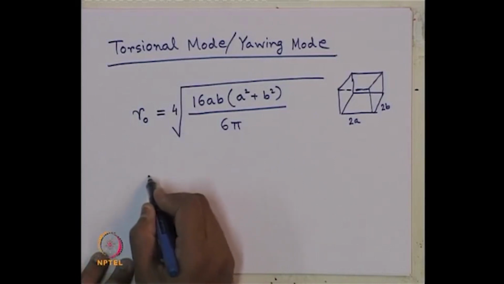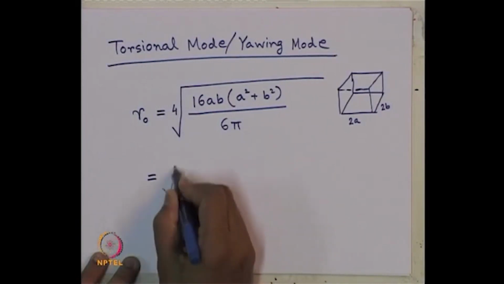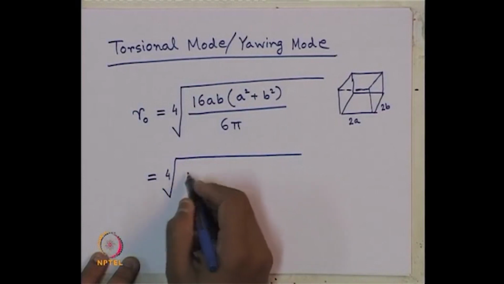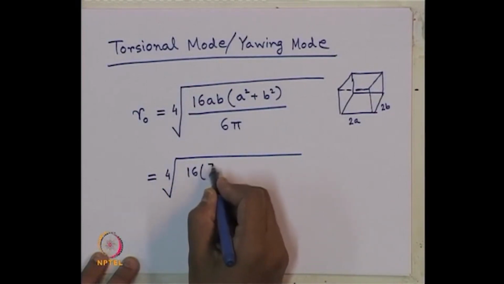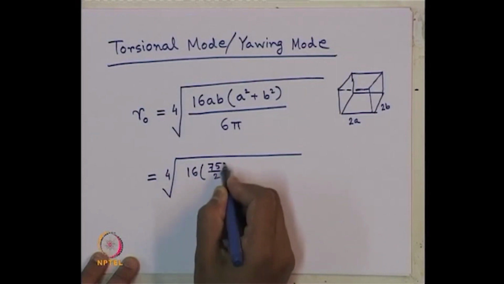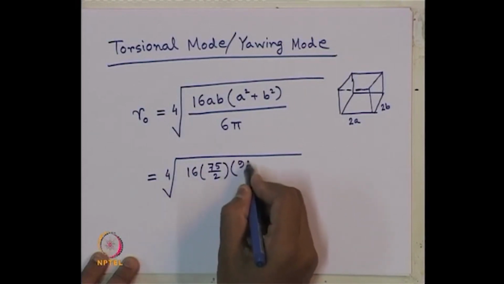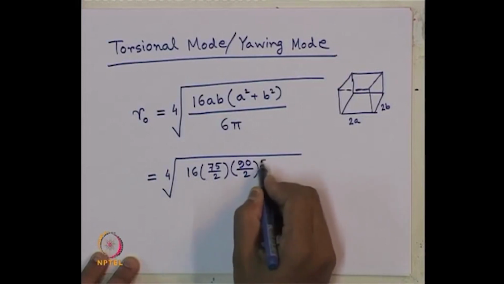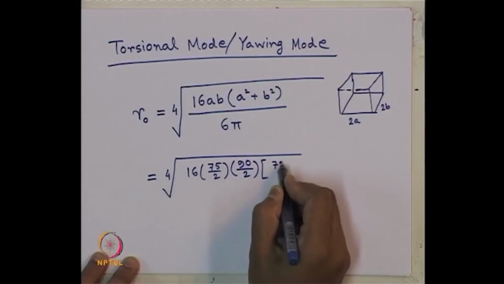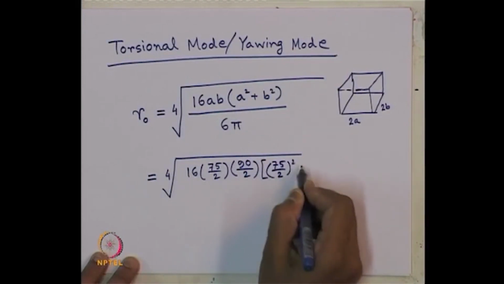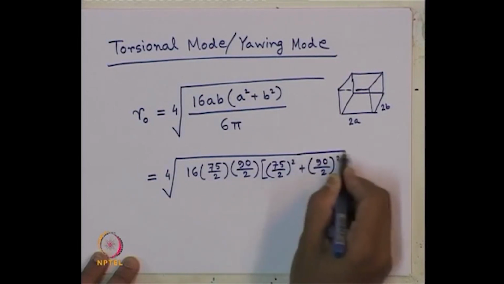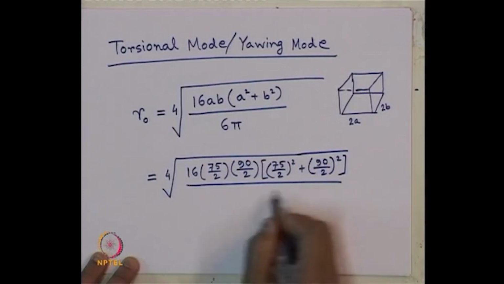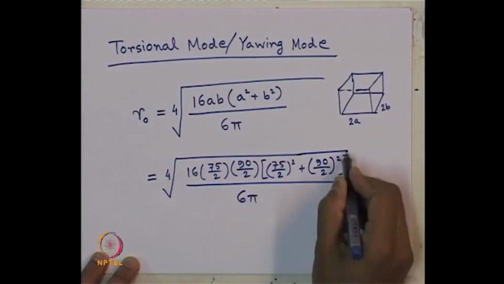So, if we calculate for our case, 16 a b is 75 by 2, 90 by 2, then (75 by 2) whole square plus (90 by 2) whole square, by 6 pi.